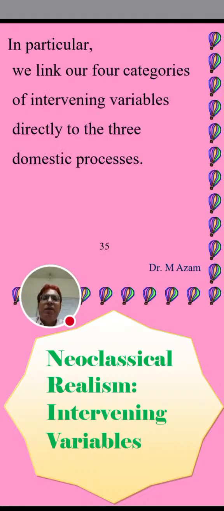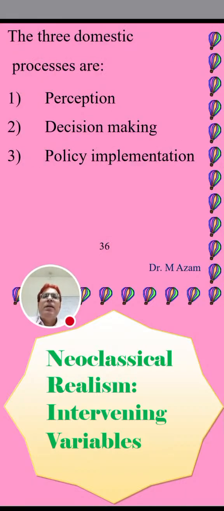In particular, we link our four categories of intervening variables directly to the three domestic processes. The three domestic processes are number one, perception, number two, decision making, number three, policy implementation.